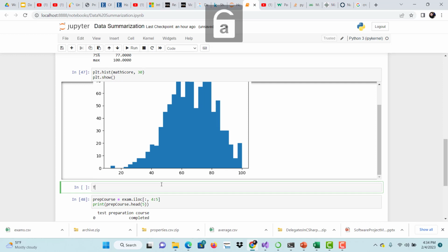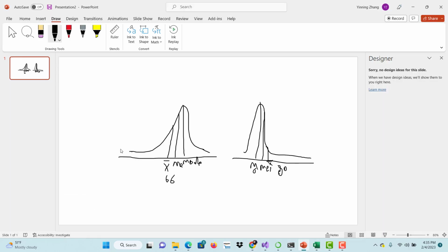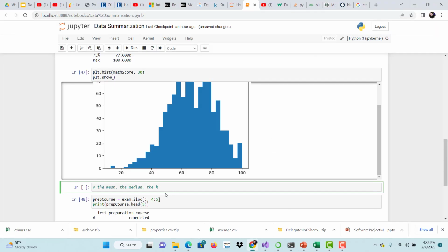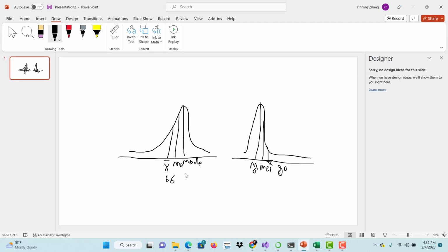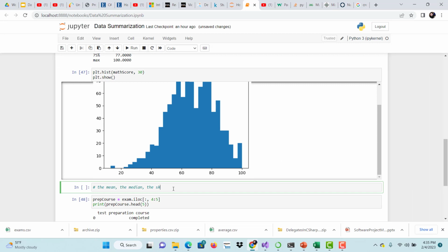You could mention the mean and the median, and the skewness: whether it is symmetric, or skewed left or skewed right, and what the skewness means. For example, here the skewness means most students' scores are above 66.